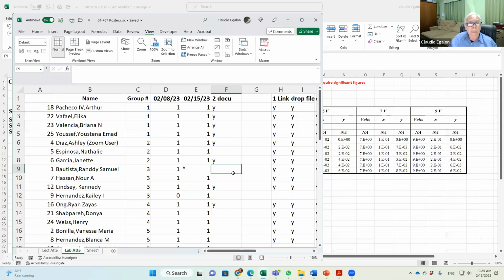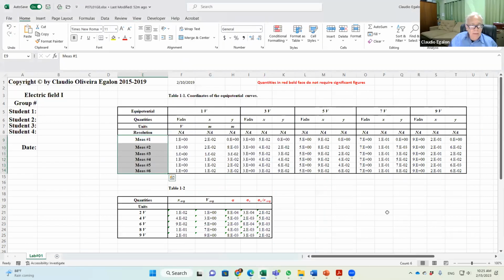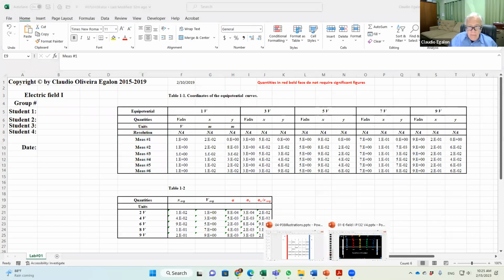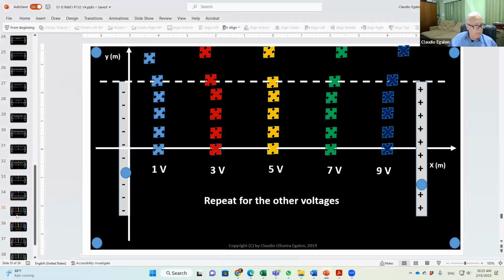Okay, and what we have to do now is plot this data. I'm going to show you a very nice way of getting exactly what you see here in my slide. Repeat for the other voltage, right?